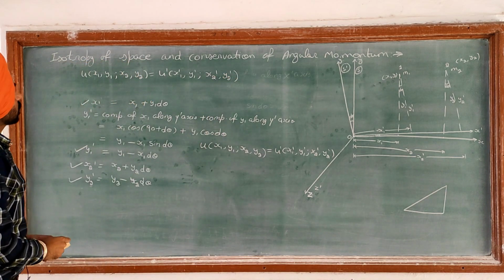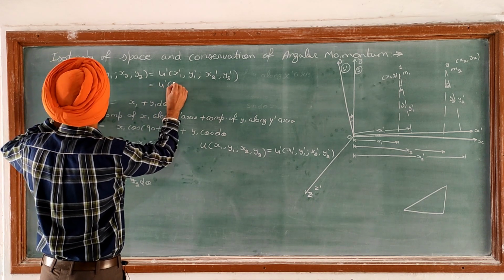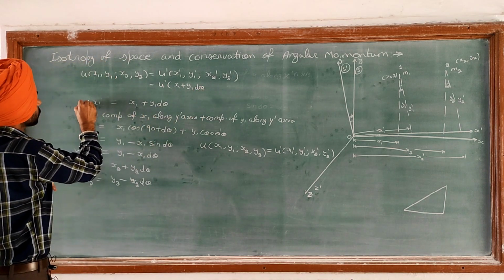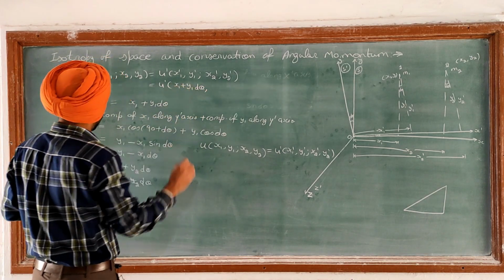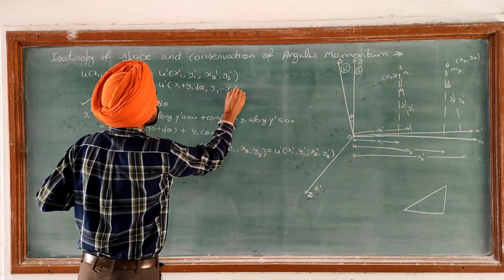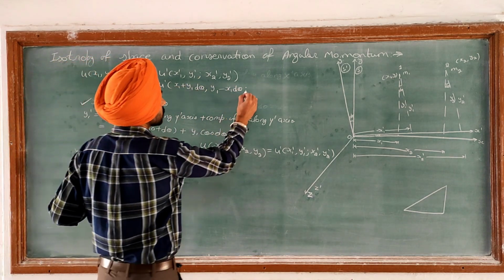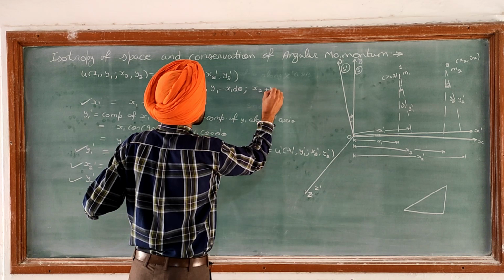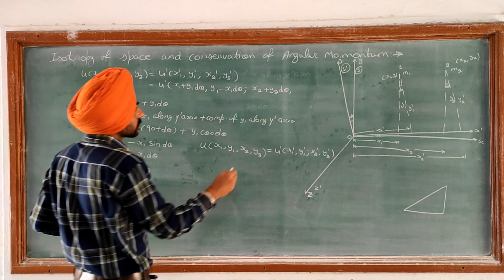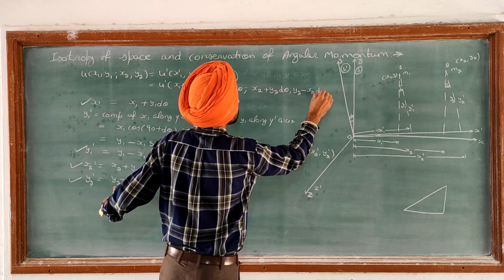Now x1 prime is x1 plus y1 d theta from this equation, and y1 prime is y1 minus x1 d theta. This x2 prime is x2 plus y2 d theta, and this y2 prime is y2 minus x2 d theta.